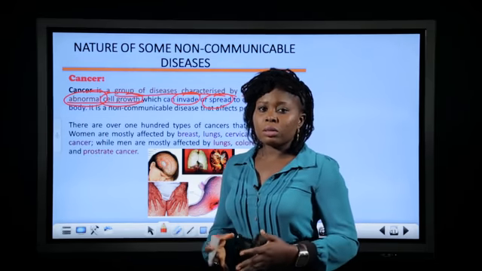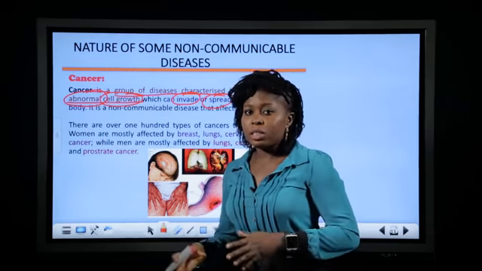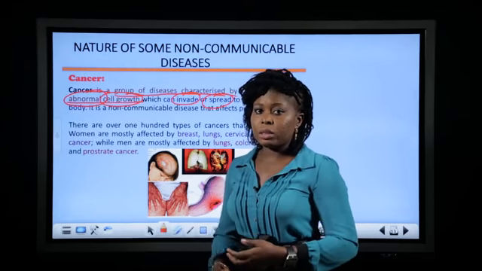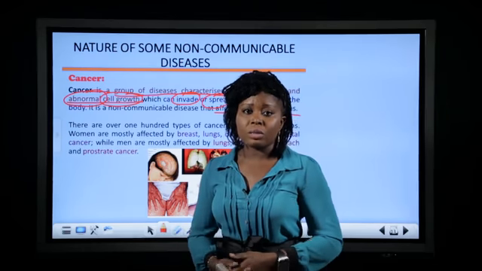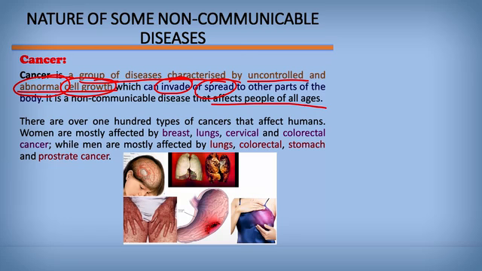These cells begin to spread to other parts of the body. So it's a non-communicable disease that affects people of all ages. Cancer can affect babies, young adults, and old people.